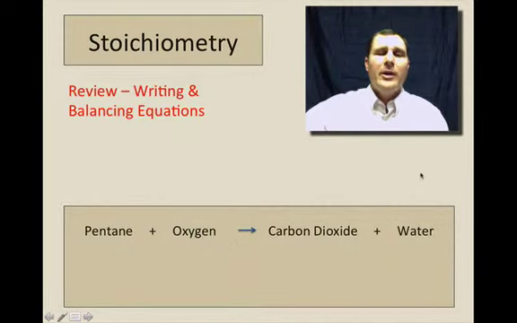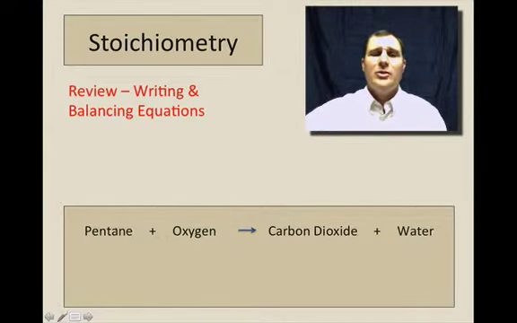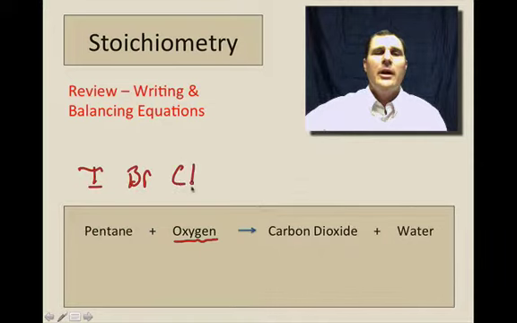Now, once we got through writing all those different formulas for the different compounds, we had to write an equation. So we started with something like this, and we just did pentane. Oxygen's kind of a hard one, because if you remember, we have those diatomic elements. Remember, our saying is, I brought clay for our new home.